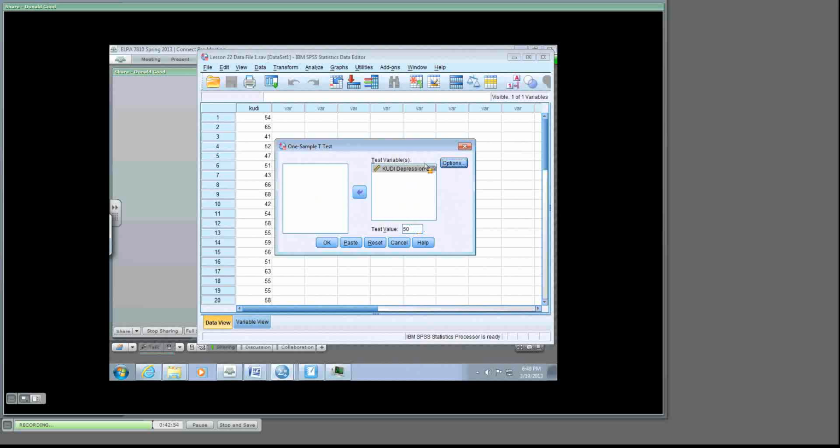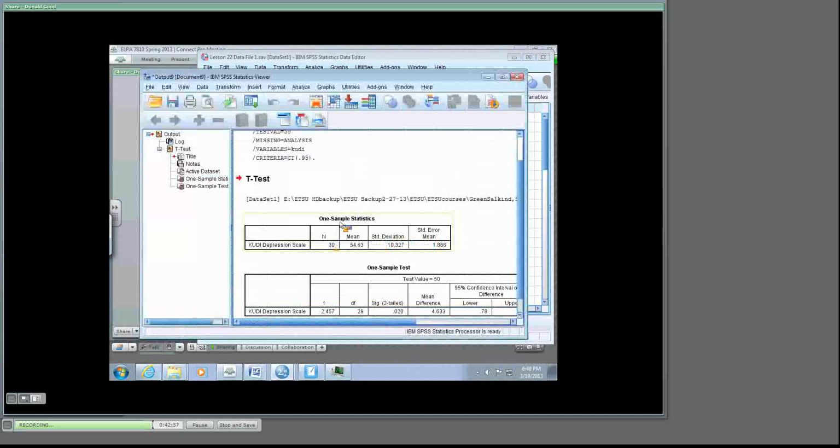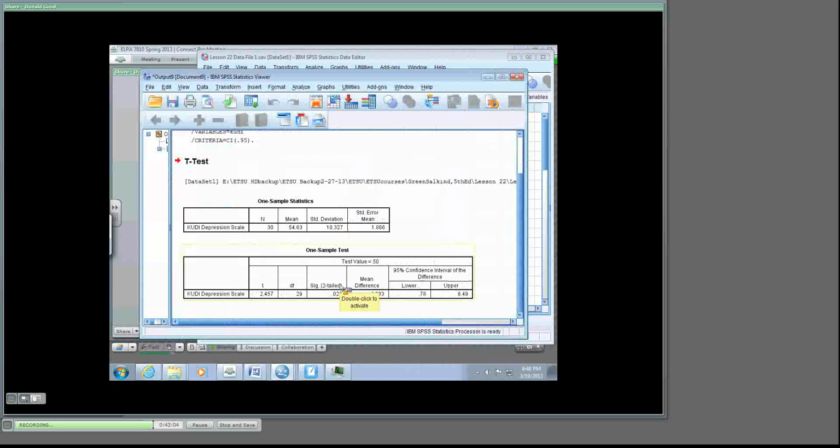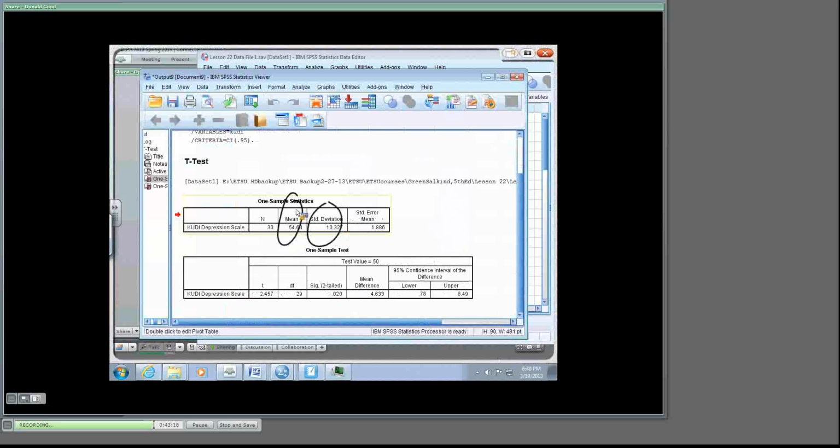So I'm ready to click OK, and here's my mean, my standard deviation, my t-value, degrees of freedom, and the significance.